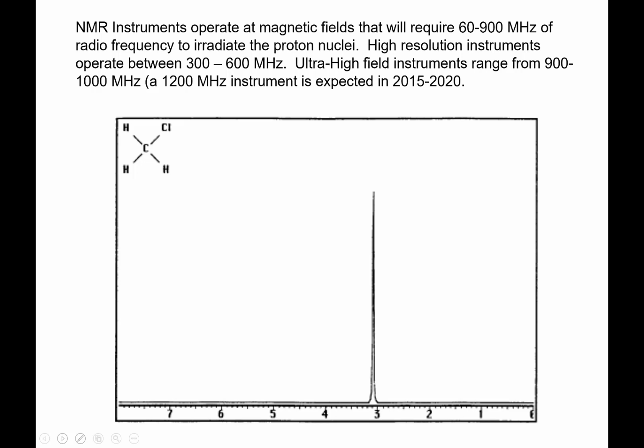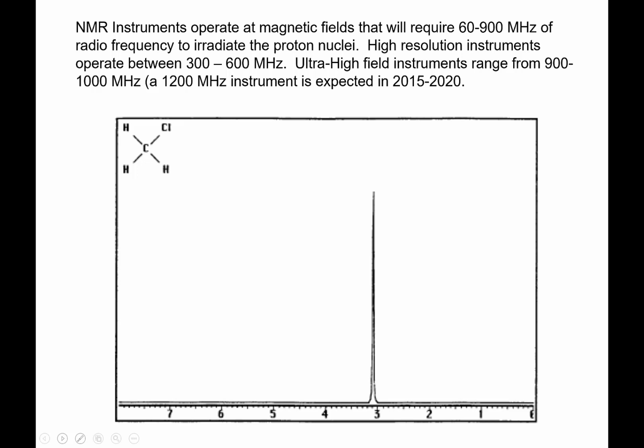So we're going to start talking about proton NMR first. What's the proton? It's the nucleus of a hydrogen. So that's where the proton part comes in. We're first going to talk about the protons, and we're going to have a spectrum that shows all the different kinds of hydrogens, all the different kinds of protons in the molecule.